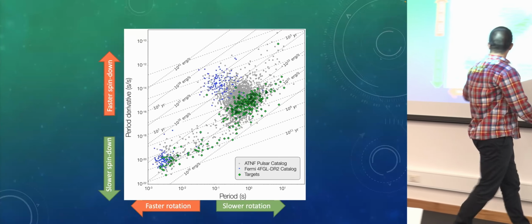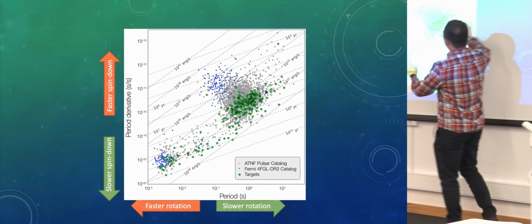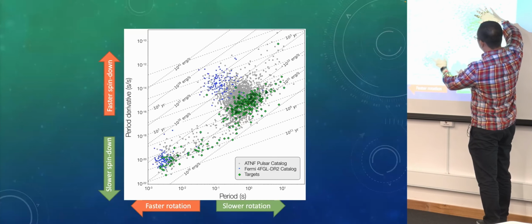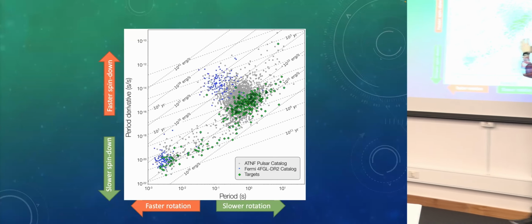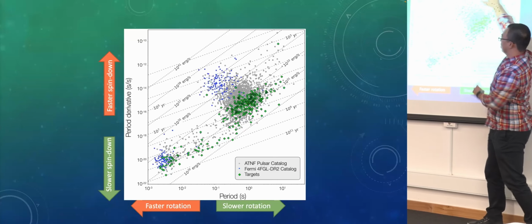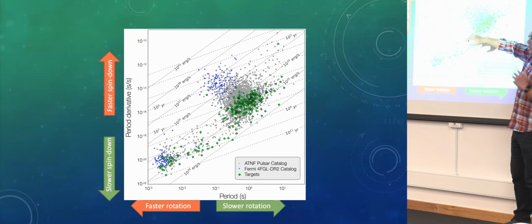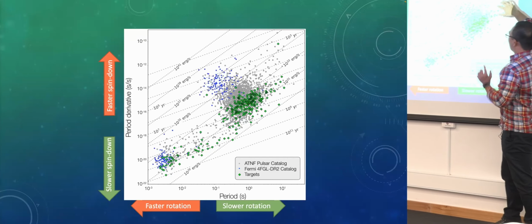We can also see that this essentially divides the pulsars into two groups. We have a bunch here, and we have a bunch here. These are our canonical pulsars. So that's, I think that wasn't in the title, sorry.